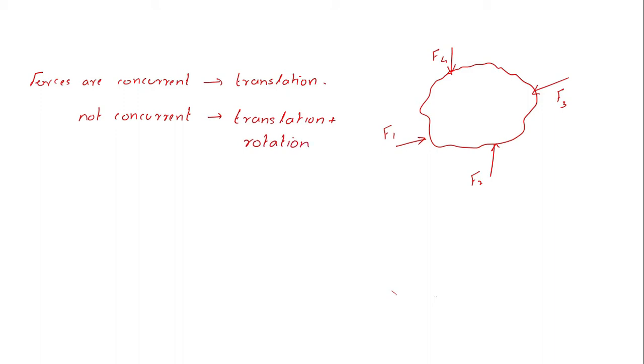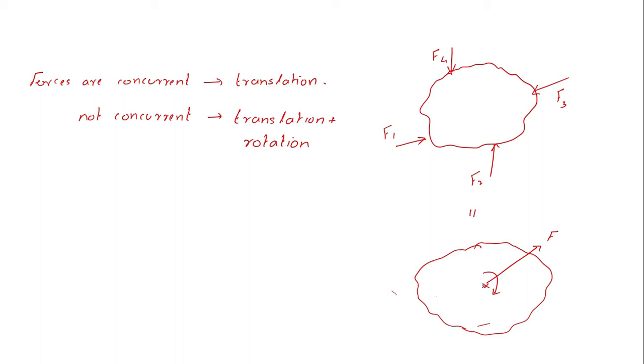So in a general system of forces, if they are acting on a rigid body, then this force system may be replaced by a resultant force acting at a point and a couple. So as such, I can replace this corresponding system of forces here into a single resultant force that is acting at some point here and a moment.